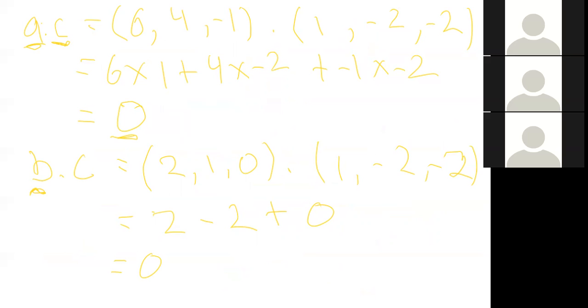And the way that works is because if you look at the formula, cosine theta is equal to the dot product of A and B over the magnitude of A times the magnitude of B. By finding the cross product of the two vectors, that's a vector that's 90 degrees to the other two.